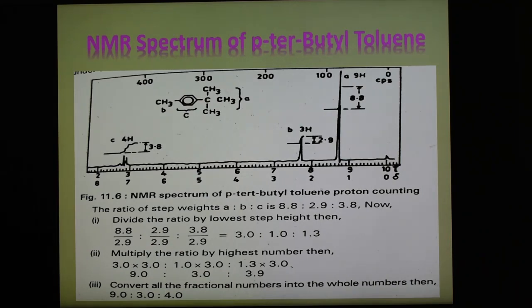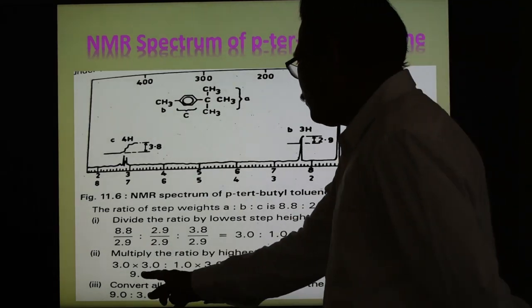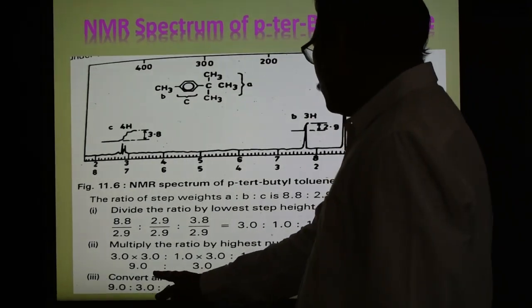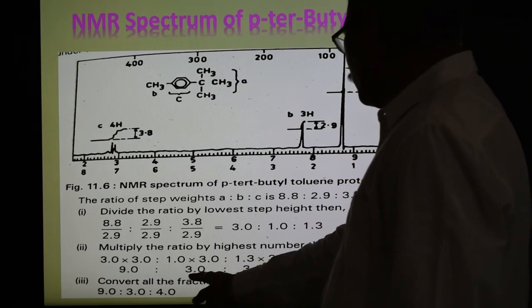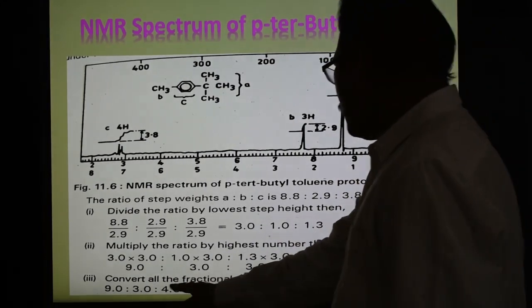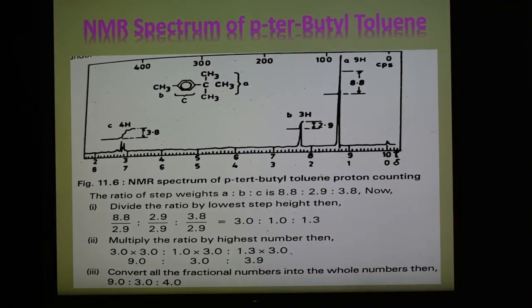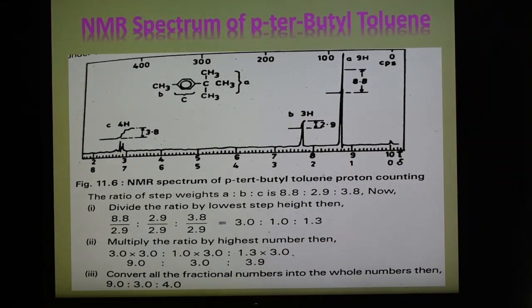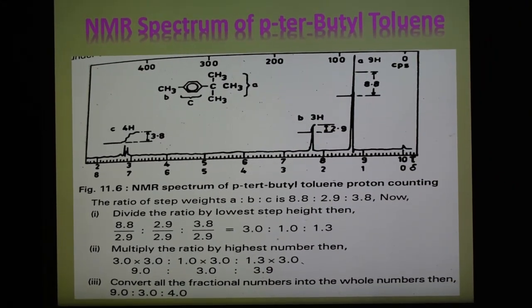After multiplying we get 9, 3, 3.9. Then convert all the fractional numbers into whole numbers, so the ratio is 9, 3, 4. This is the ratio obtained for this compound: A is 9H, B is 3H, C is 4H.